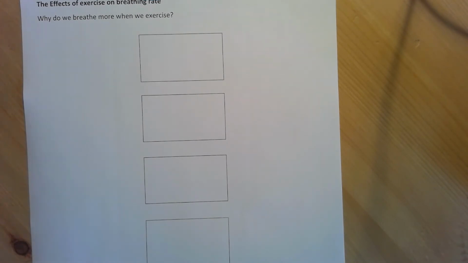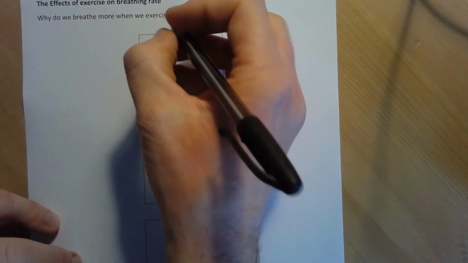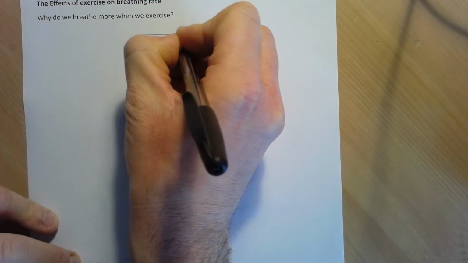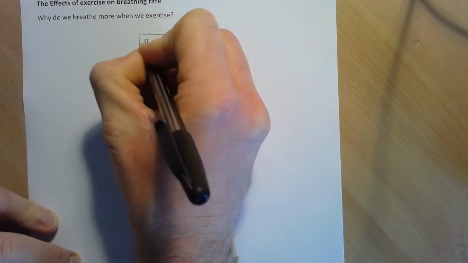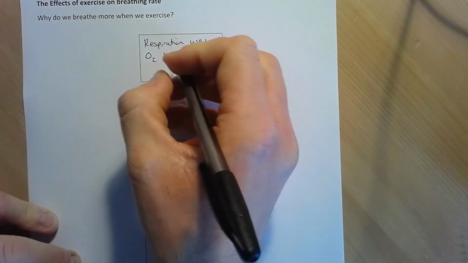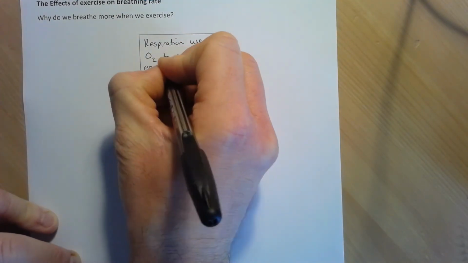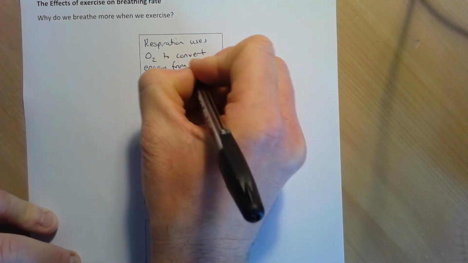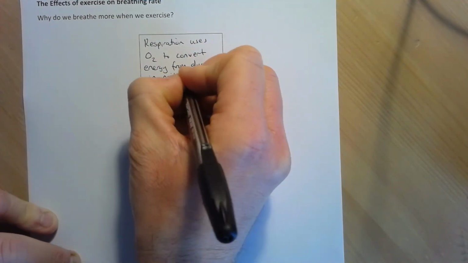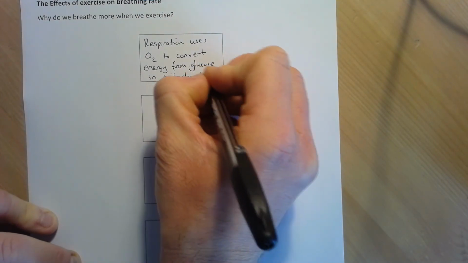So the first thing we need to remember from our last lesson is that the process of respiration uses oxygen to convert energy from glucose in the mitochondria in every cell in your body.